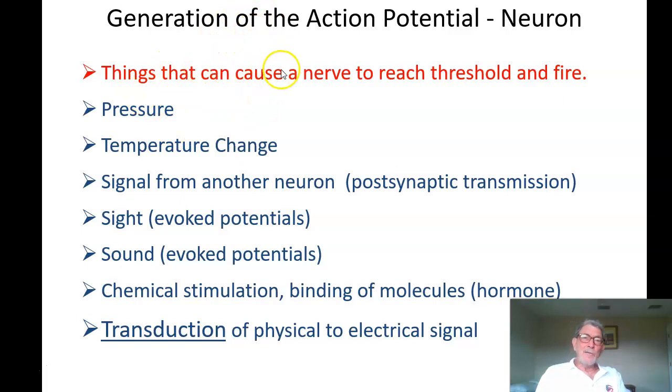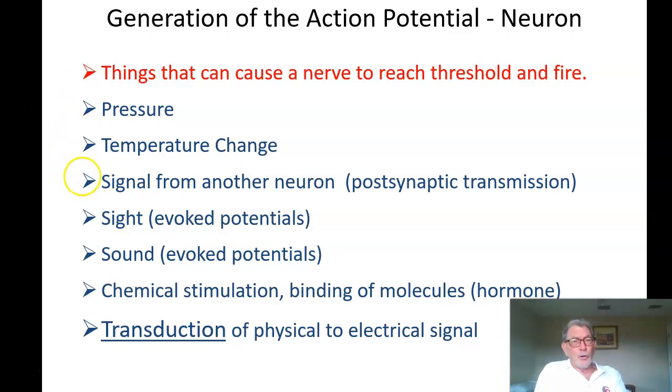So a lot of things can generate this action potential. Pressure: if I just push my finger against something, I have pressure receptors in there that open enough channels that those cells reach their threshold and fire, and I can feel the pressure on my finger. Temperature, I can feel hot and cold. Signal from another neuron.